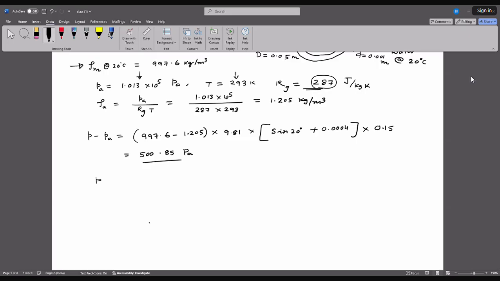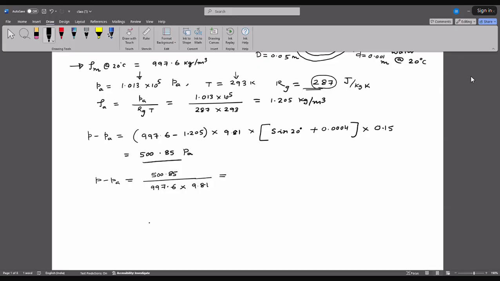So P minus PA, you can also write it as, so this pressure 500.85. So P equals rho G into H, right? So if you divide by rho into G, that will give you H. So 997.6, that is the density of water, and G is 9.81.